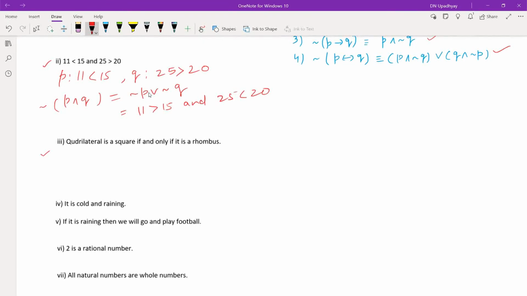Question number 3. Quadrilateral is a square if and only if it is a rhombus. So suppose P is such that quadrilateral is square, and Q, it is a rhombus, means quadrilateral is rhombus.